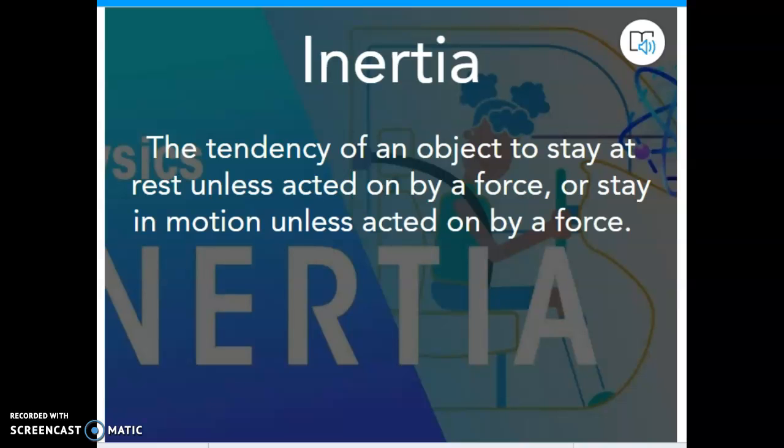But an object is not going to move unless a force moves it. And then once it starts moving, it does not like to stop unless something stops it. And what's that one force that we know that slows things down and stops it? Yes, ma'am. Friction. Friction. So I'm going to stop this here.